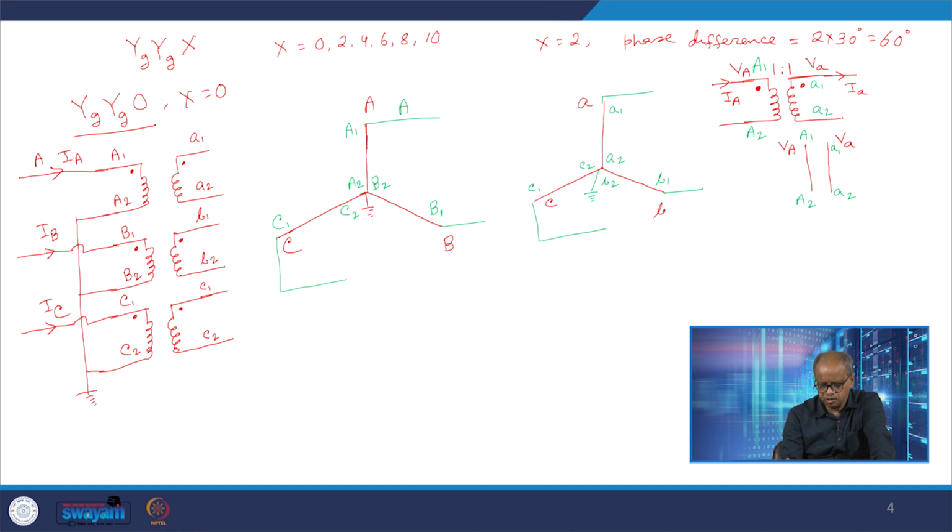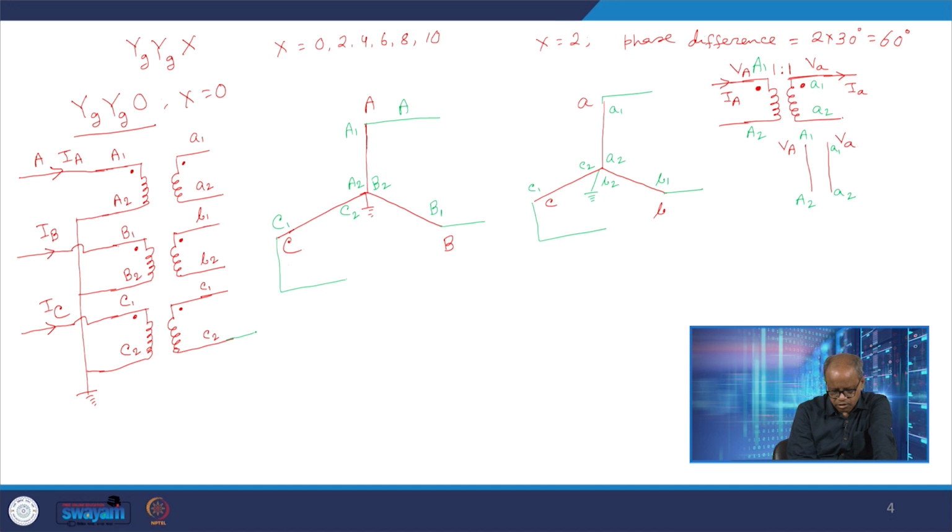For example, here the connection says that also at this side we should take A2, B2, C2 together and put them to ground.